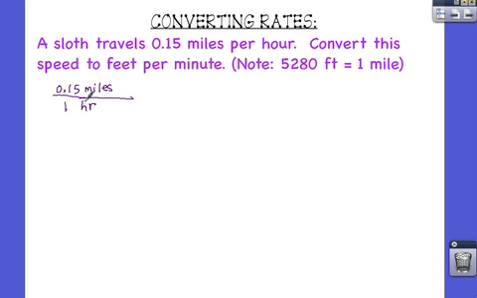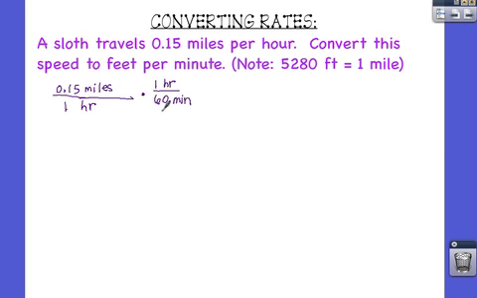Now, in order to change from hours to minutes, I can go and multiply this by 1 hour over 60 minutes. Now, the reason why we do this is because there is 60 minutes in 1 hour, so technically this fraction is equivalent to 1, and when we multiply a fraction by 1, it does not change the fraction.